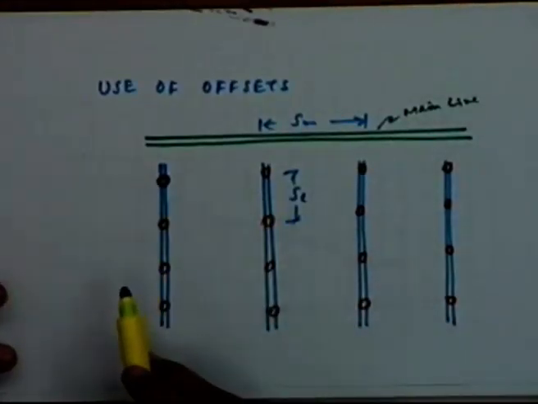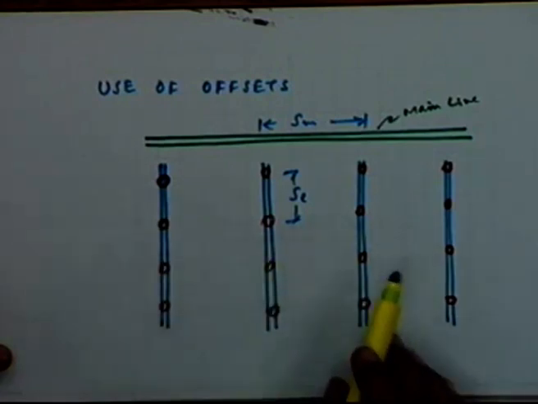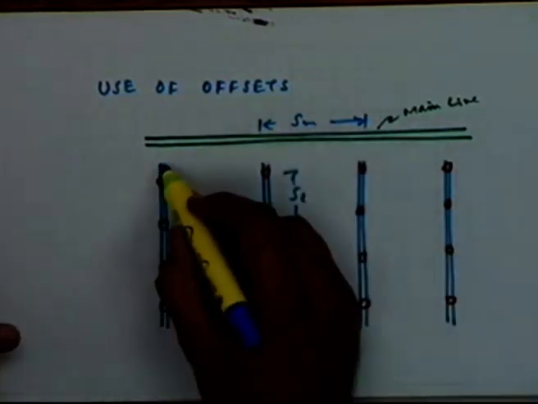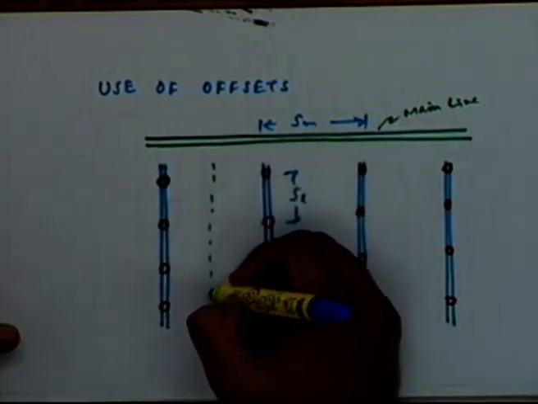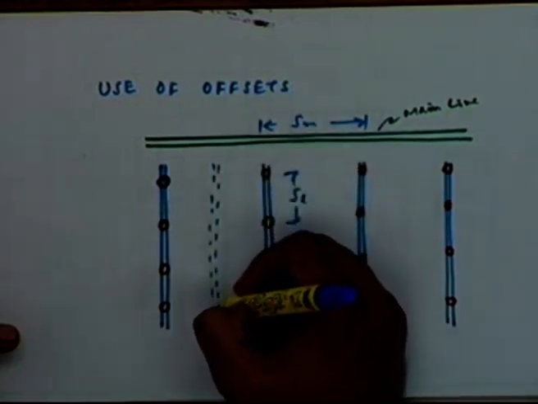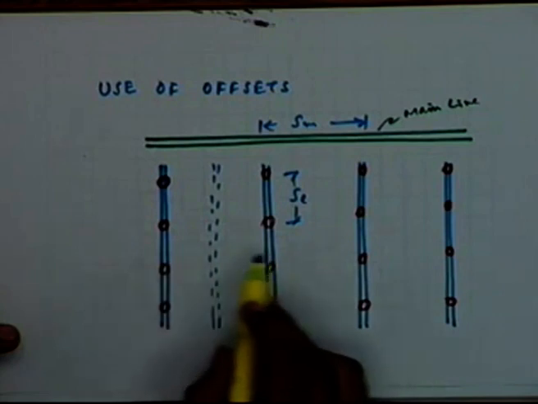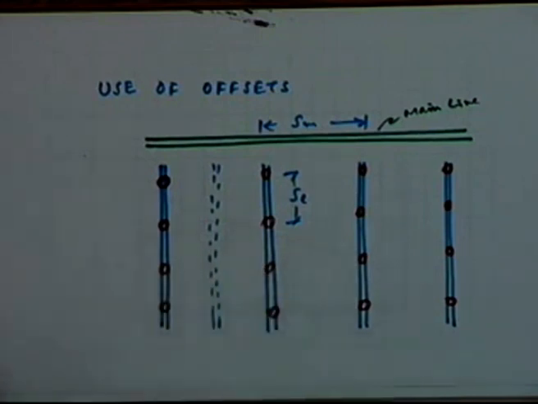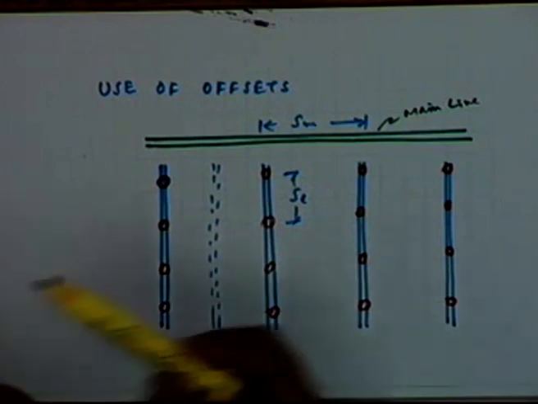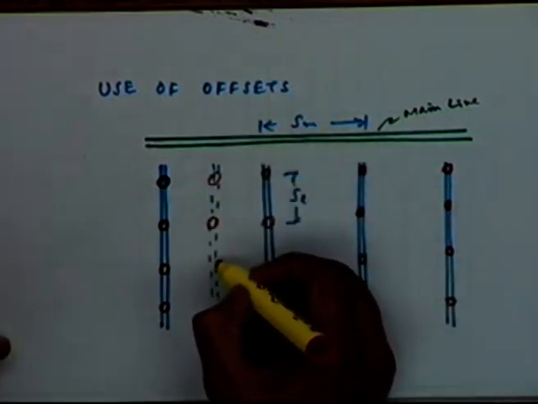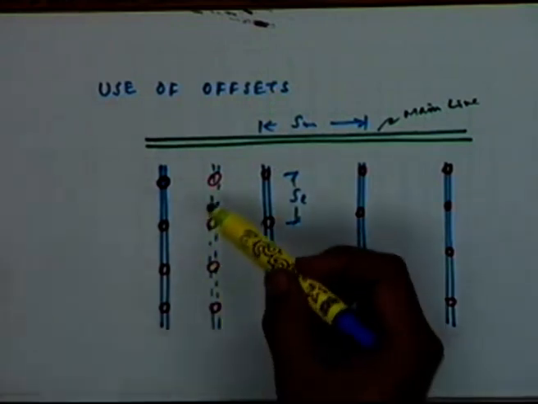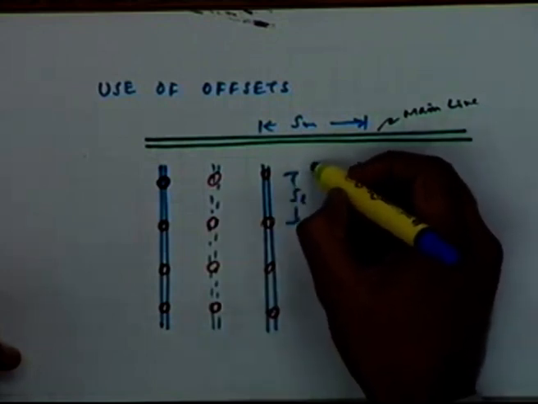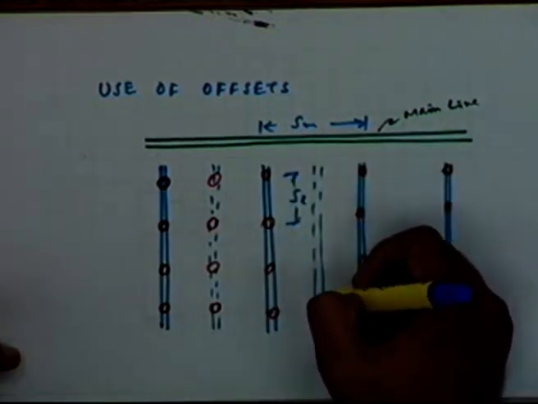For example, if in one irrigation I have this setup, and in the next irrigation, instead of using the lateral at this location, I use the lateral at this new location, which is in between the two existing locations, then this will be the place where I can place my lateral, and the next lateral I can place at this location.